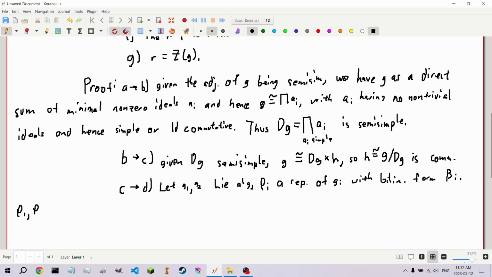Rho 1 and rho 2 can then be considered representations of the direct product of G1 and G2, I'm guessing with the other algebra just sent to 0.